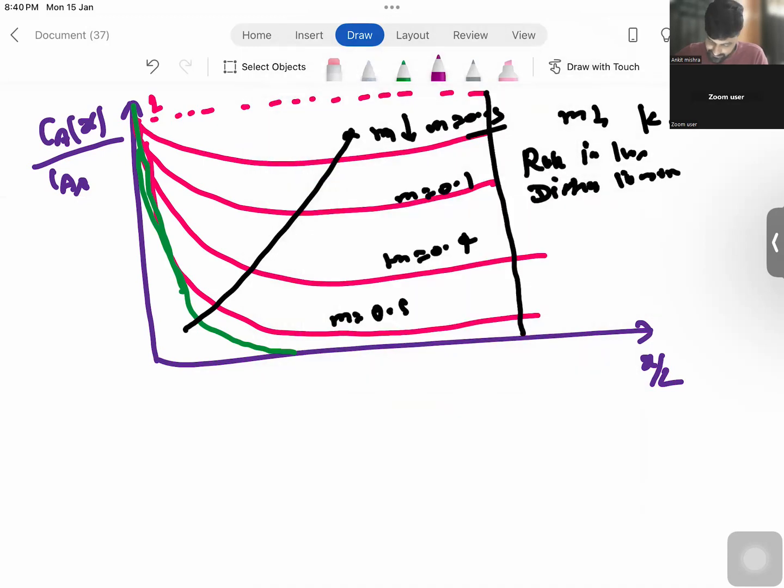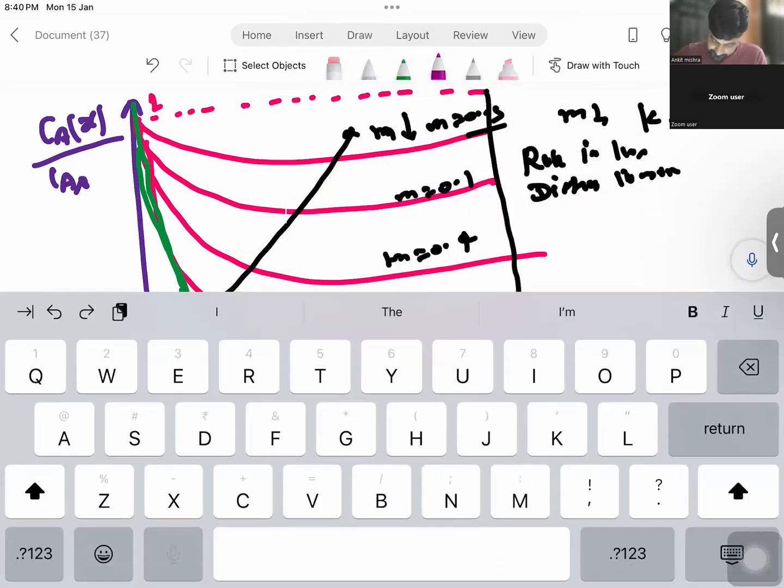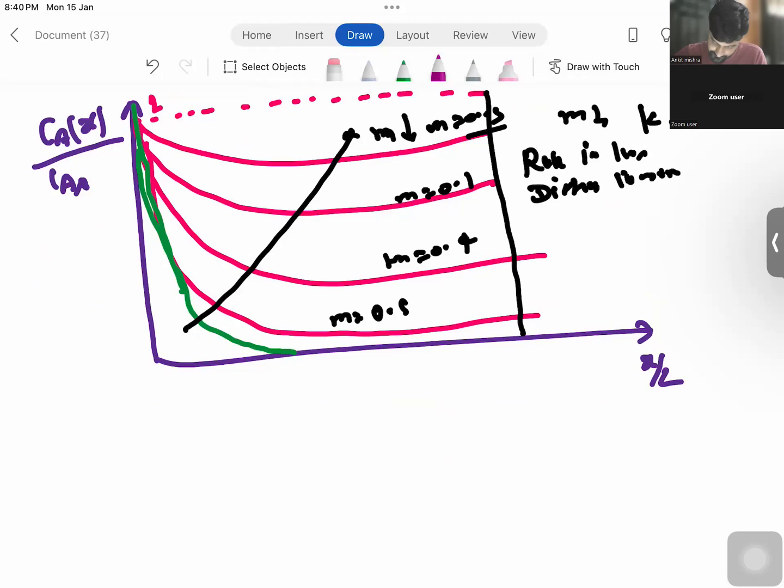And in this region, you can say rate is more and obviously diffusion is less. So based on rate and diffusion, you can identify whether this is a reaction limited or a diffusion limited condition, right? So this is how the heterogeneous catalytic reaction works in case of a cylindrical pore catalyst.